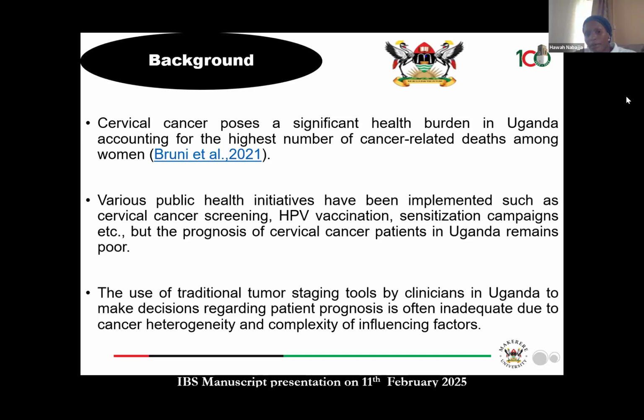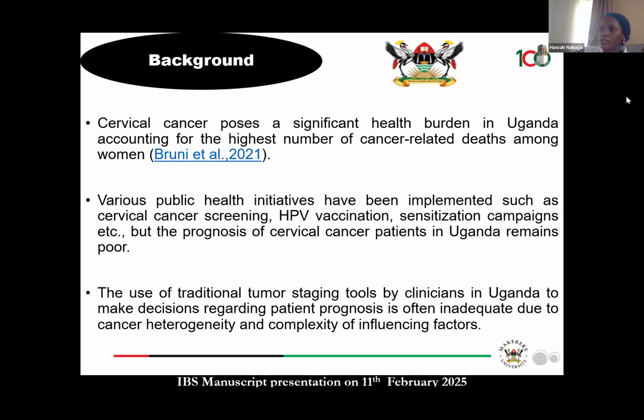This is causing worry and is a significant health problem to Uganda. However, the government of Uganda has taken initiatives to improve cervical cancer management, starting with cervical cancer screening, HPV vaccination of girls under the age of 15, and carrying out sensitization programs.